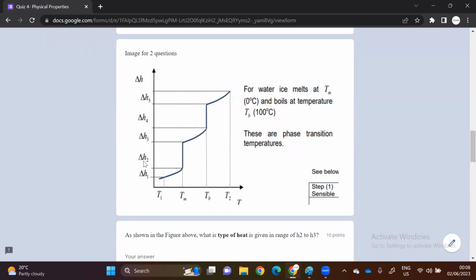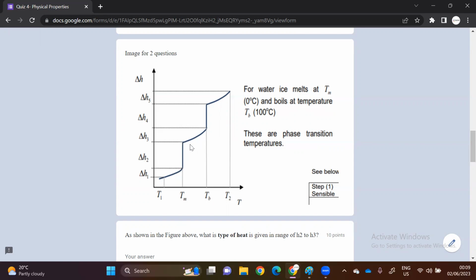In delta H2, it will be latent heat because here our phase change will happen. As you know, ice will be melted during this change, during this delta H2 at this constant temperature, and it will be liquid, you can see here. Next, Tm to Tb, melting to boiling.